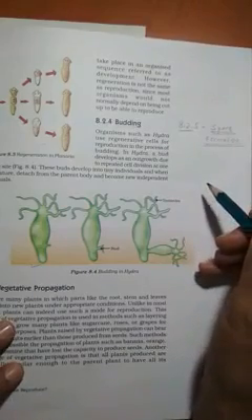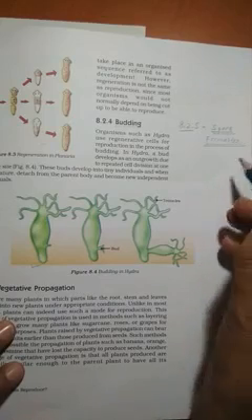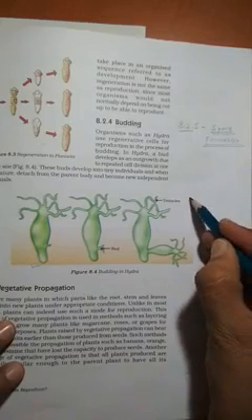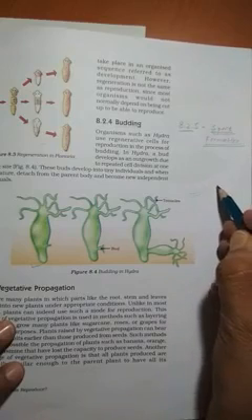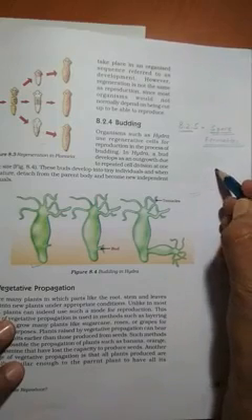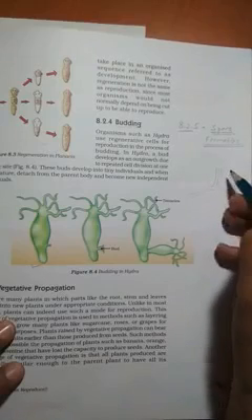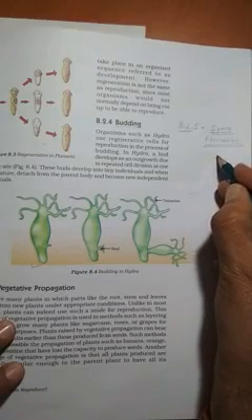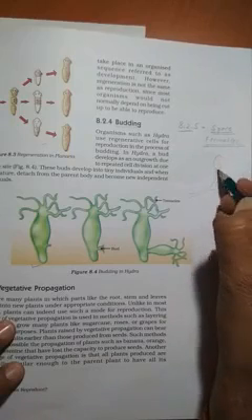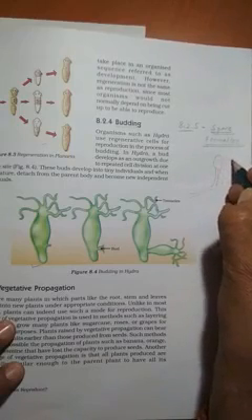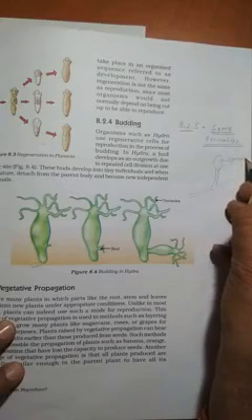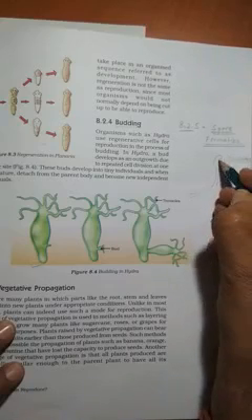Spores are small bulb-like structures. If this one is the hyphae of any fungus, in any erect hyphae there is a bulb-like structure called sporangium.